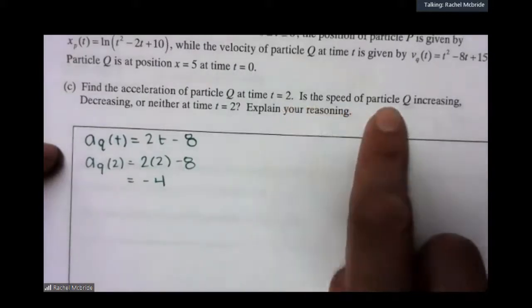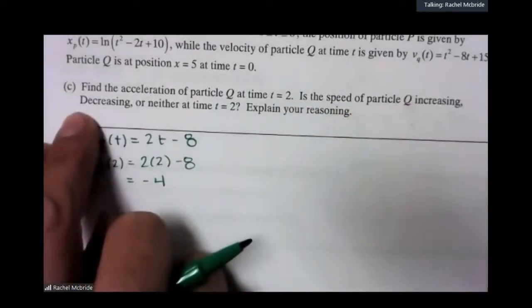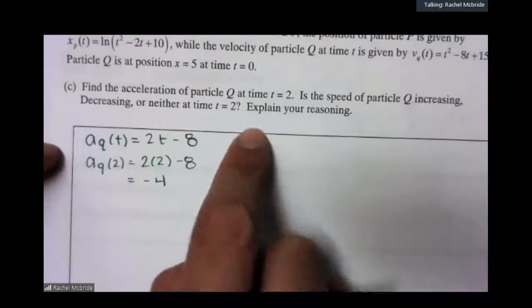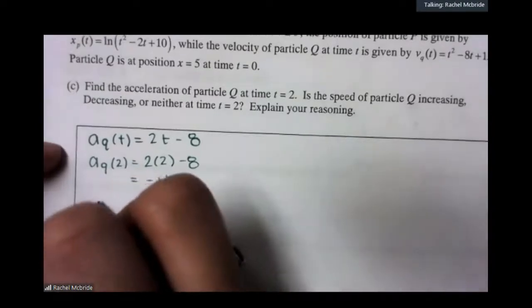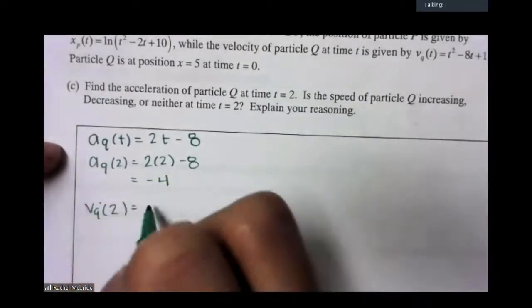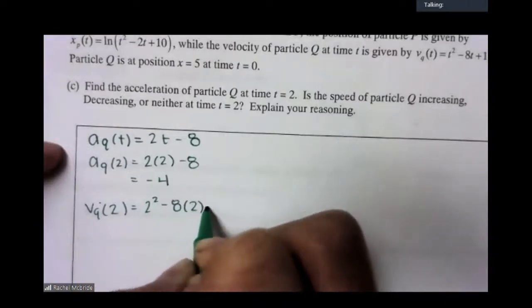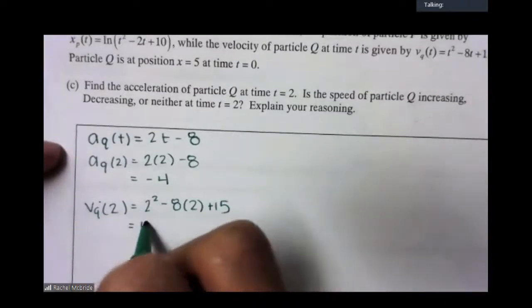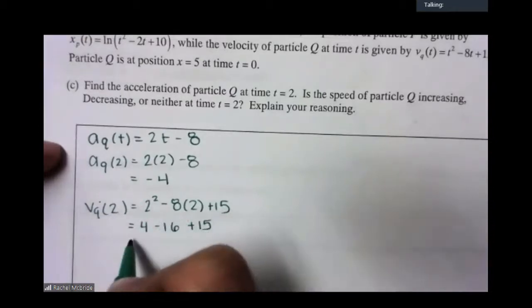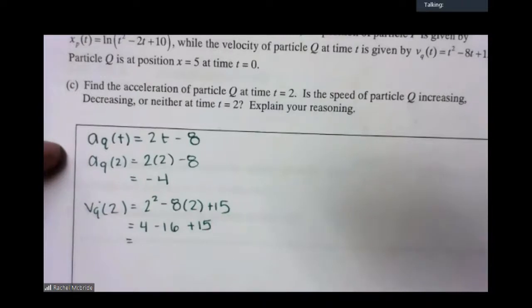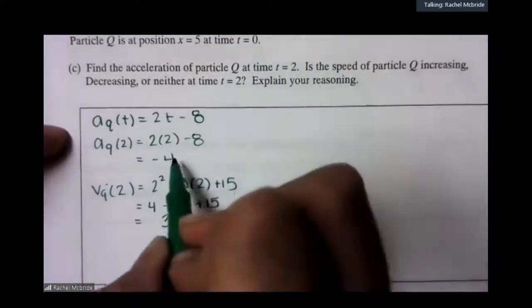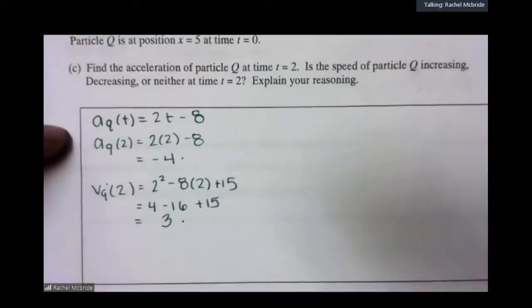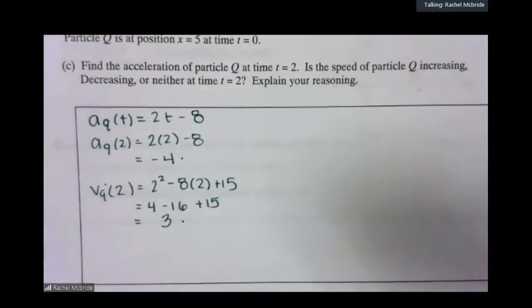And then it says, is the speed of the particle Q increasing, decreasing, or neither at t equals 2? Well, in order to talk about speed, you need to compare velocity and acceleration. So I need to also know v of Q of 2. So you get 3. So since acceleration is negative and velocity is positive, they have opposite signs.